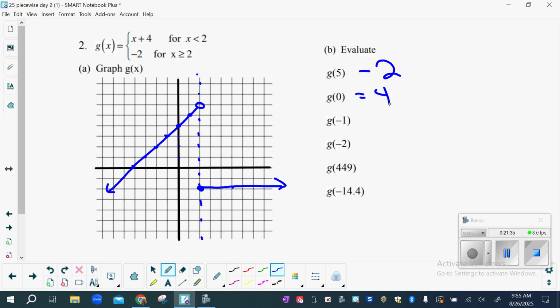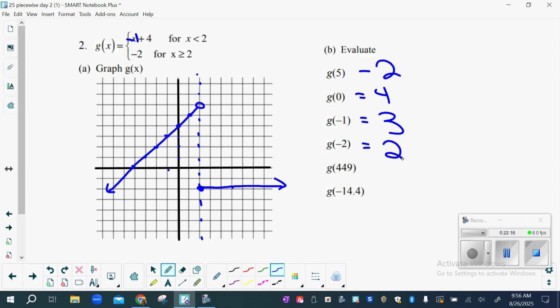But if you say, Miss T, I don't want a graph, could I just do this the math way? Yes. I go to this one and plug in a 0, I get 4. So you can do it with math if you're a mathy person, or with the graph if you're a graphy person. Let's go to -1. I can plug in the -1 right here and get 3, or I can plug it in right here and get 3. It's your call. I'm lazy, so I just look at the graph. I can plug in the -2 and get 2, or I can plug in the -2 and get 2.